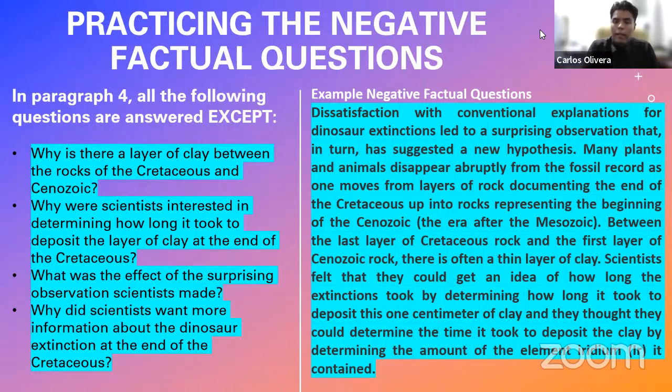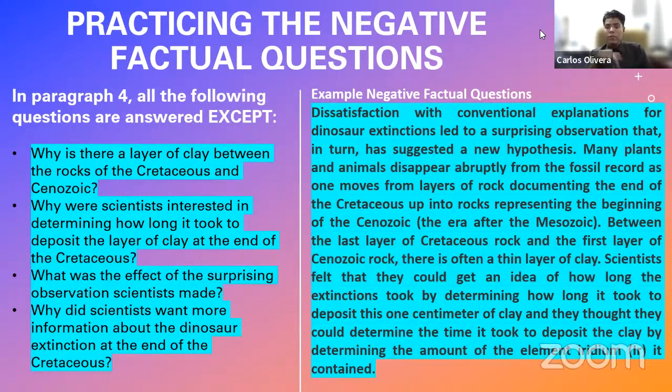Moving on then, let's read the following passage as an example of these negative factual questions, okay? So let's say, dissatisfaction with conventional explanations for dinosaur extinctions led to a surprising observation that, in turn, has suggested a new hypothesis. Many plants and animals disappear abruptly from the fossil record as one moves from layers of rock documenting the end of the Cretaceous up into rocks representing the beginning of the Cenozoic, the era after the Mesozoic.